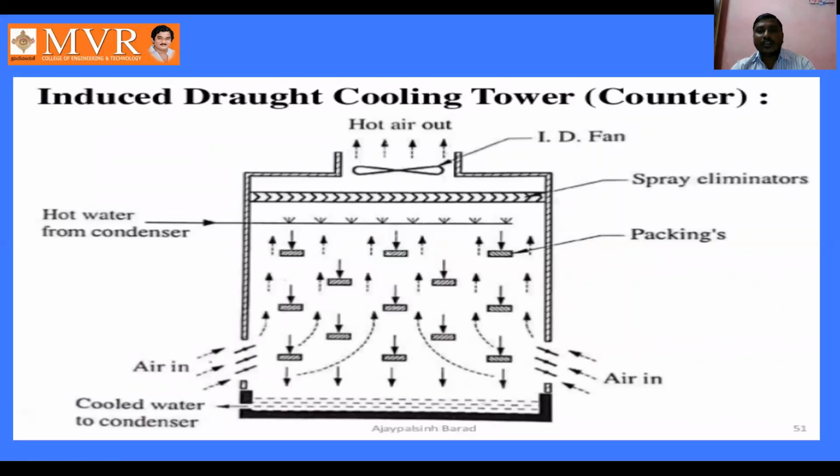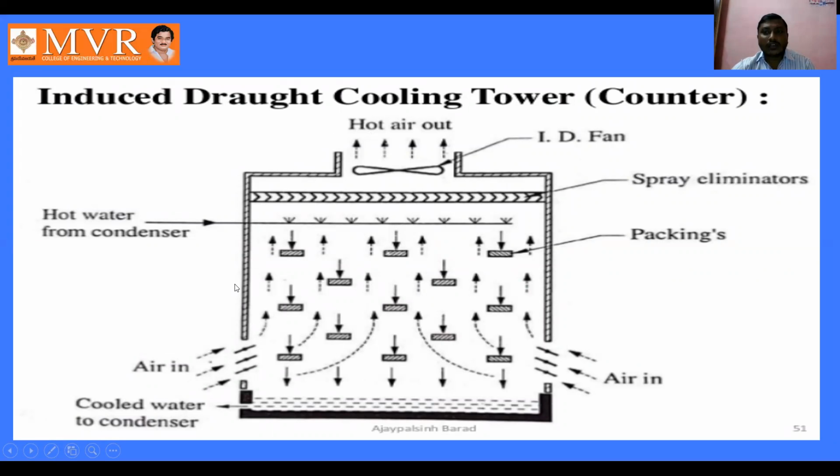See here, coming to the induced draft cooling system, this is the third type of draft cooling tower. In this, we have two types. The first one is the counter induced draft cooling system.